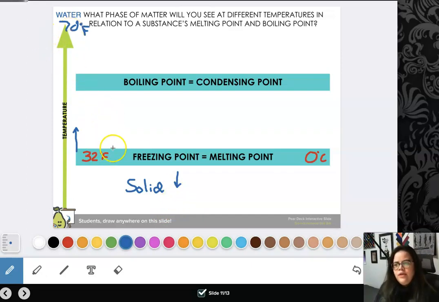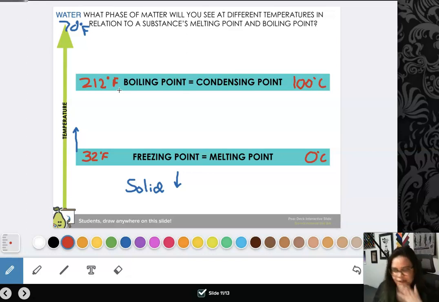But we don't quite know if our water is going to be liquid or gas, because we also need to compare it to the boiling point of water, which if you look that up, most people are actually more familiar with it in Celsius because it's a nice pretty number, 100 degrees Celsius. And in Fahrenheit, does anybody know? The boiling point is 212 degrees Fahrenheit, which is when water is going to start to boil on your stove, okay?